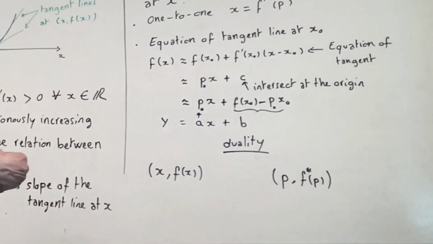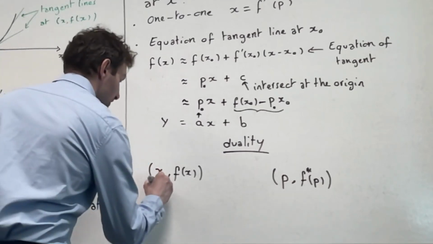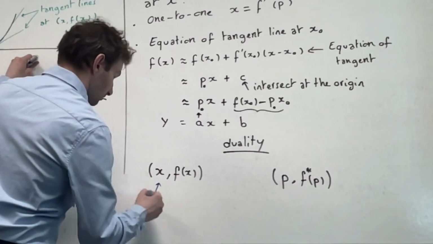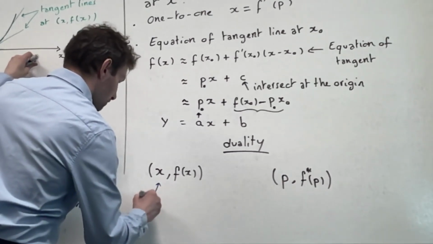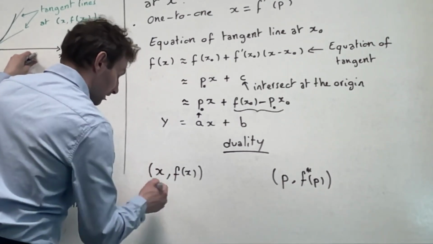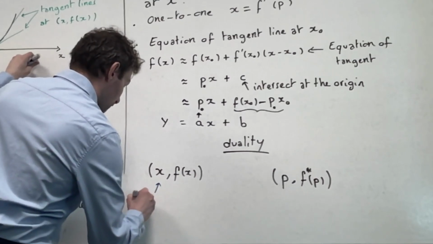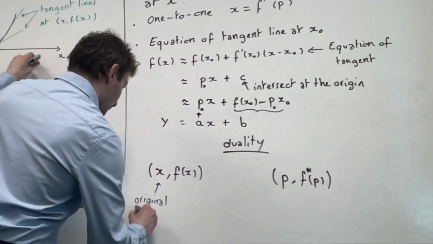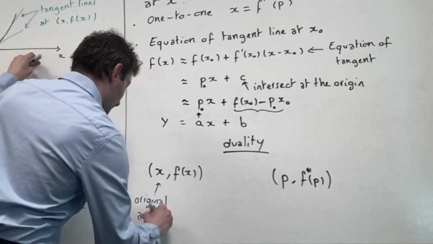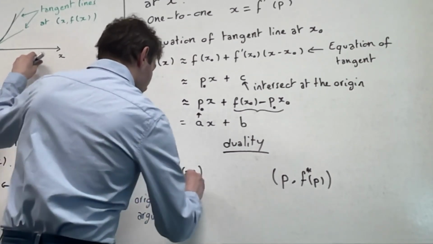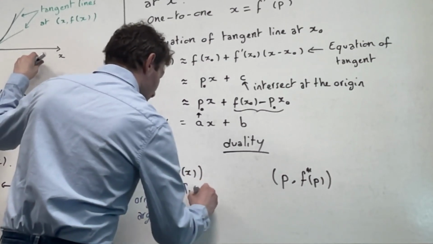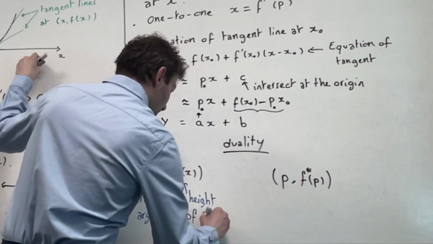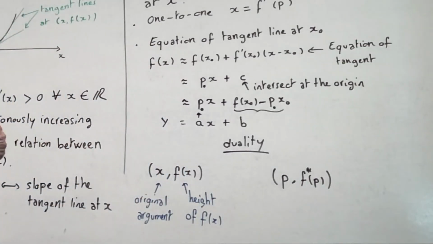And the interpretations are as follows. Here, this is basically kind of the original variables. So let's say, I don't know exactly how to call that, so let's say original argument. And then that's the height of f of x that you would represent on the graph.